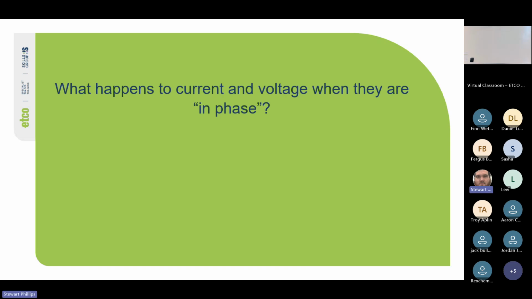So what happens to current and voltage when they are in phase? Yeah, you get a power factor of 1.